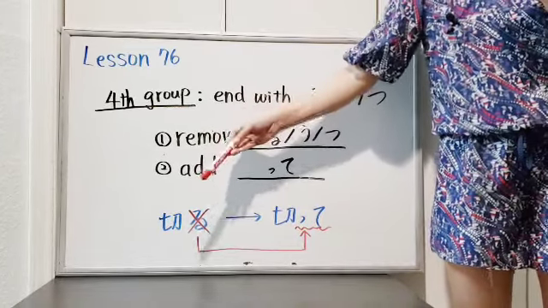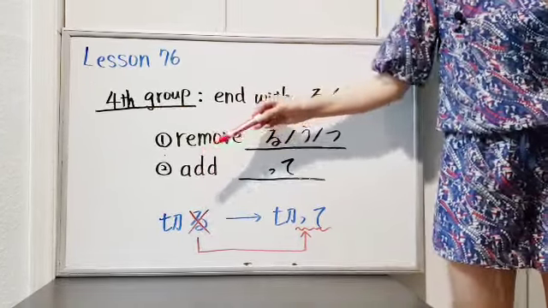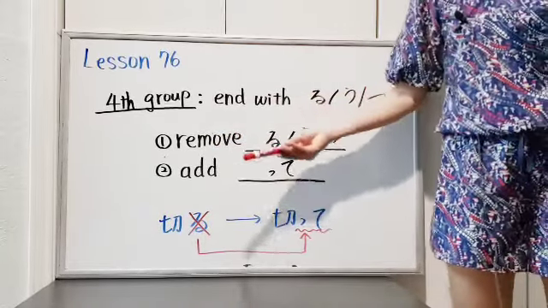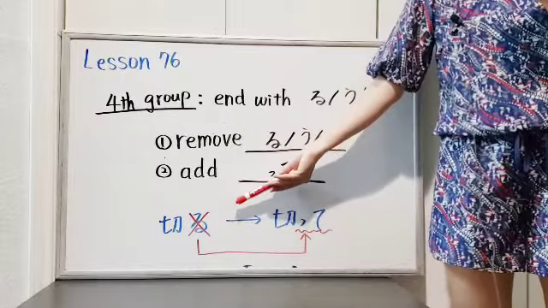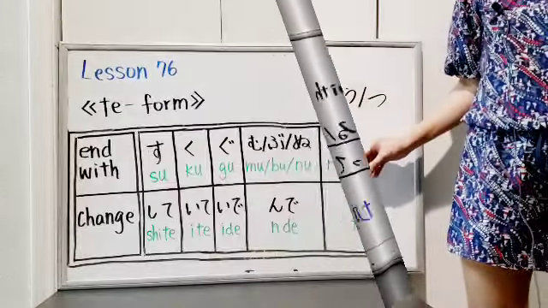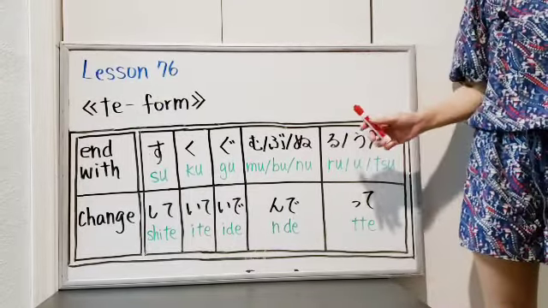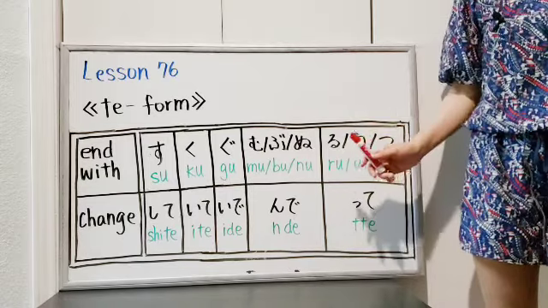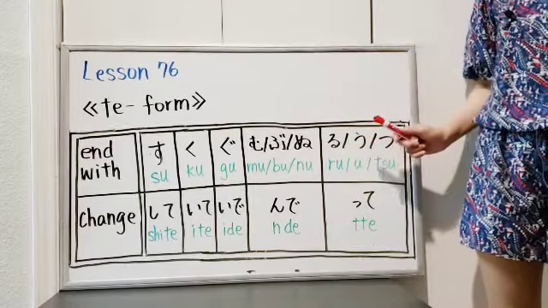So just remove る and add て. So the te form of 着る is 着て. Here is the chart of the te form using u-verbs. I hope you can remember this rule.